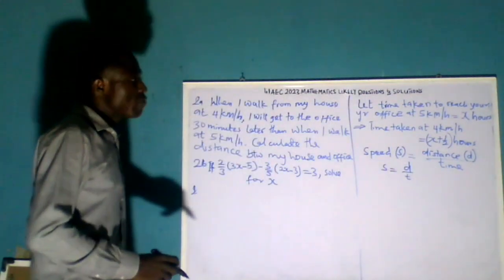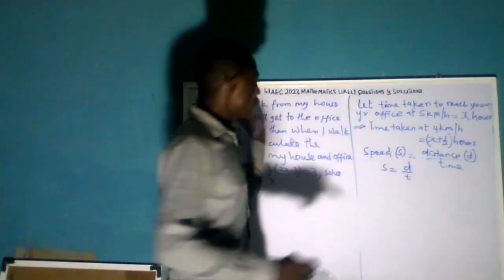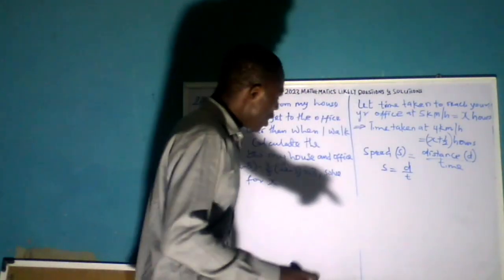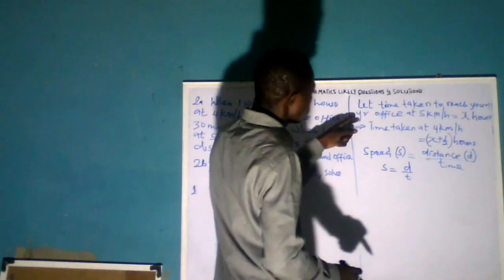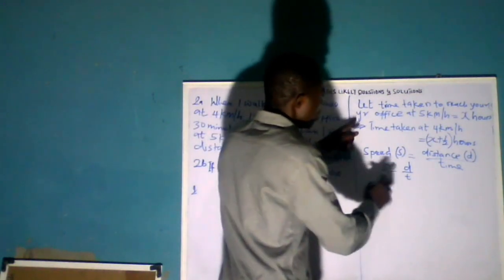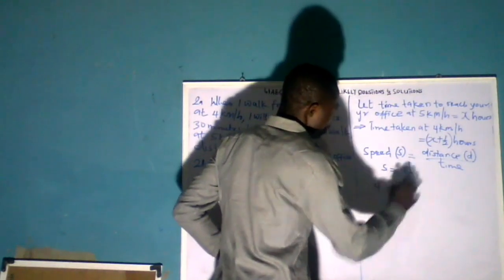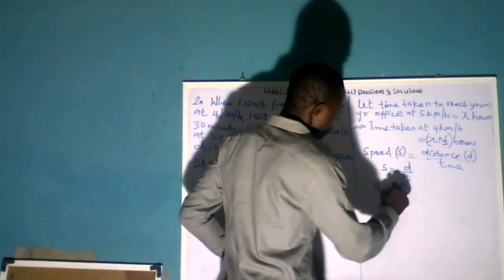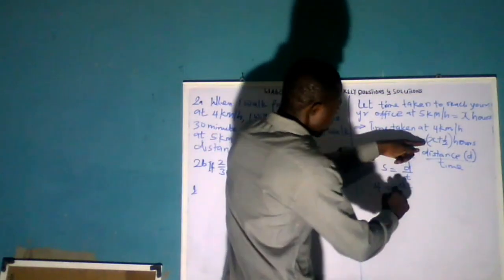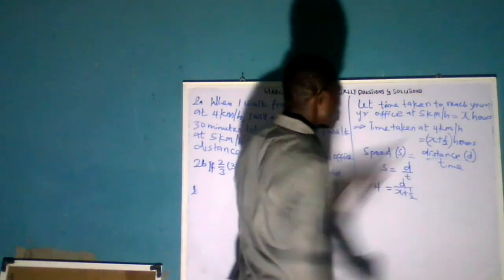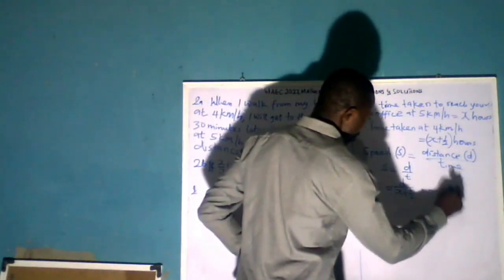Now from the information we have from the question, at speed 4 km per hour, you have 4 equals d all over x plus 1 over 2. Call this equation 1.